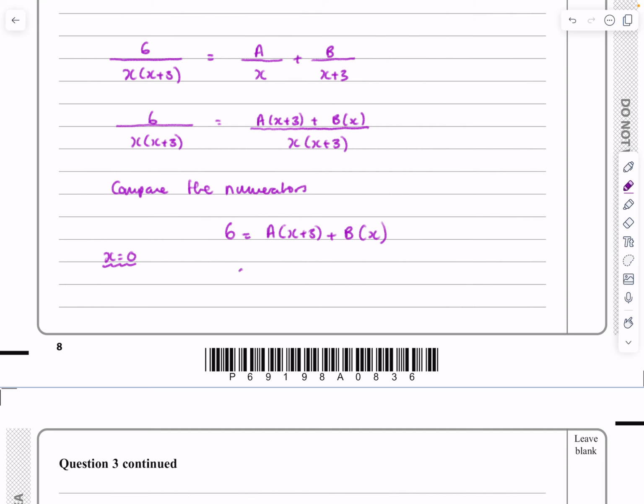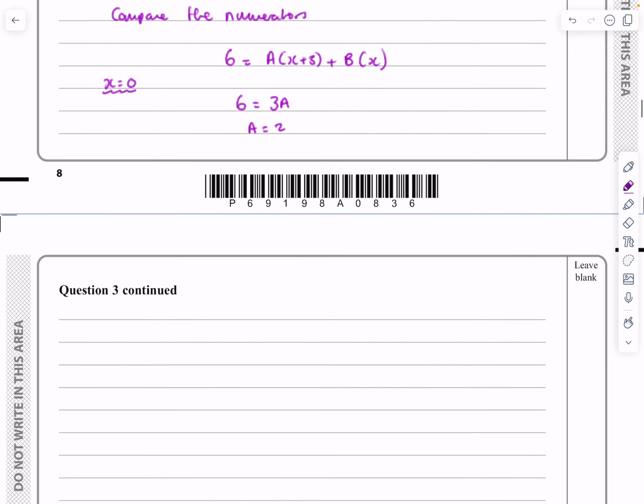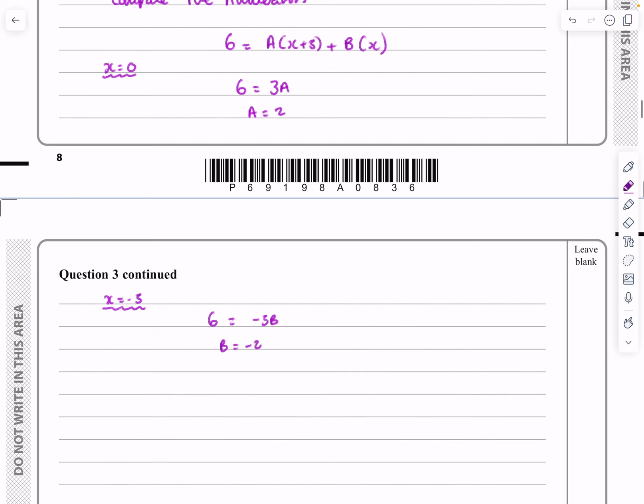If I set x equals 0, I'll get 3A equals 6. So A is 2. If now I set x to be equal to minus 3 this time, that'll get rid of the A. I'm going to get 6 is equal to, the A's go, so just minus 3B. So B is equal to minus 2.